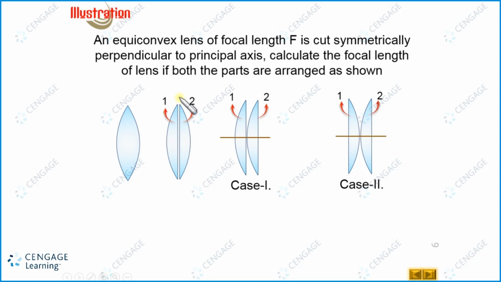That means from the middle like this, we have cut this lens and we got two parts of equal size, 1 and 2. Calculate the focal length of the lens if both parts are arranged like case 1 and case 2. That means we need to calculate the equivalent focal length in case 1 and case 2, right?